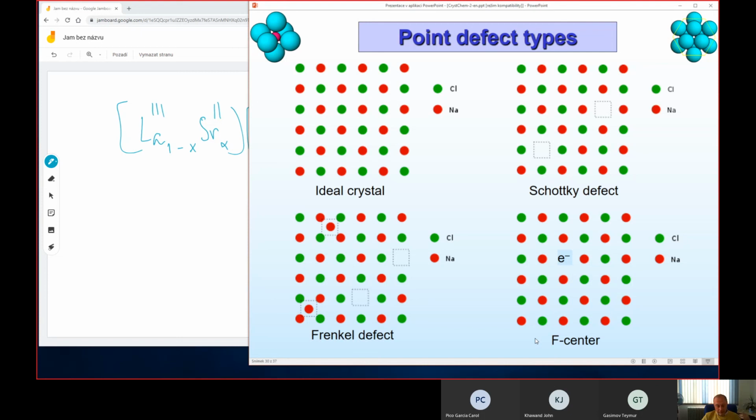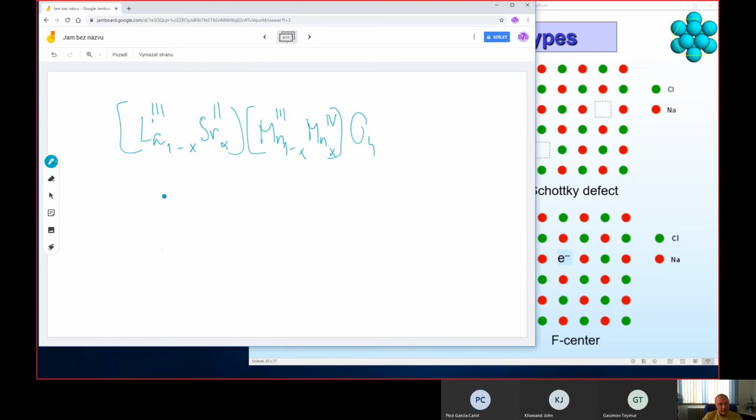But for instance, in semiconductors like silicon, if we replace a silicon atom by phosphorus, phosphorus has more electrons than silicon, and we have the band structure with the valence band and conduction band. This additional electron occupies localized energy levels just below the conduction band, which means that it is attached to this substitutional defect.